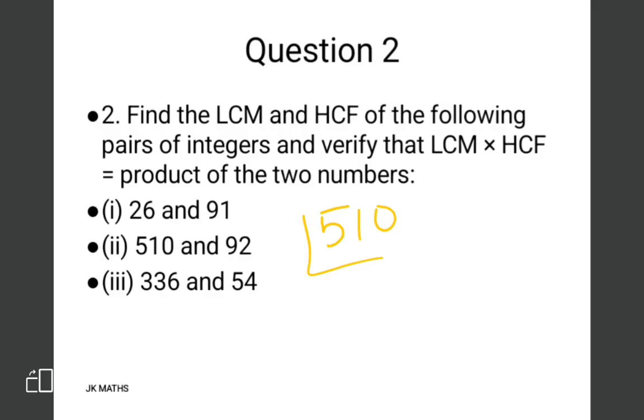For 510 we can take the 5 table first. 5 ones are 5, 5 twos are 10, so 0 and 2. Okay, let's take the 2 table. 2 fives are 10, 1 carry. 3 table, 3 sevens are 21. 17 is a prime number, so let's not divide it.